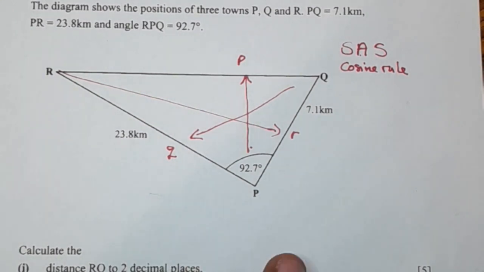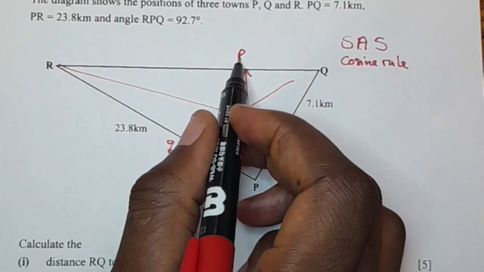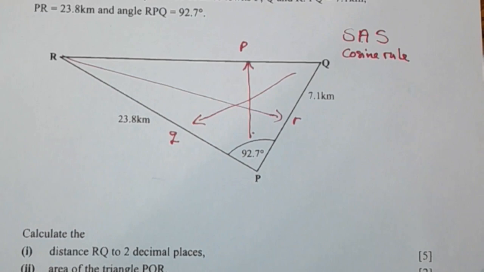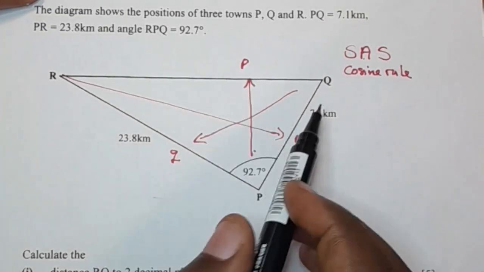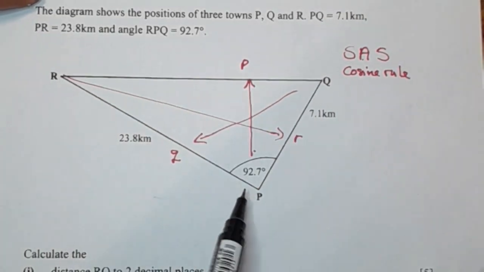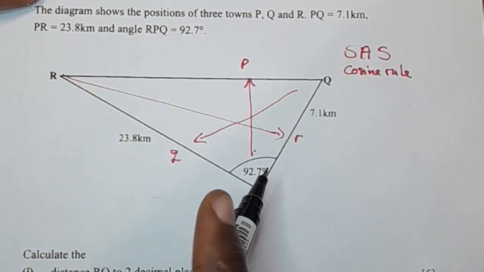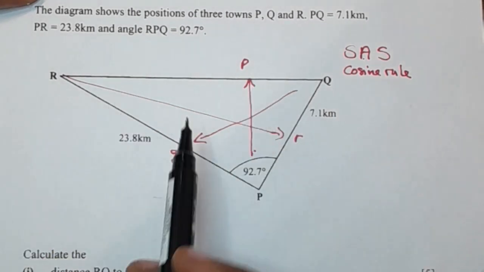So what does the cosine rule state? In this case, we are looking for p. Because we are looking for p, the cosine rule is p squared is equal to q squared plus r squared minus 2qr cos P. You are going to use these sides that are making this angle to find the distance RQ.